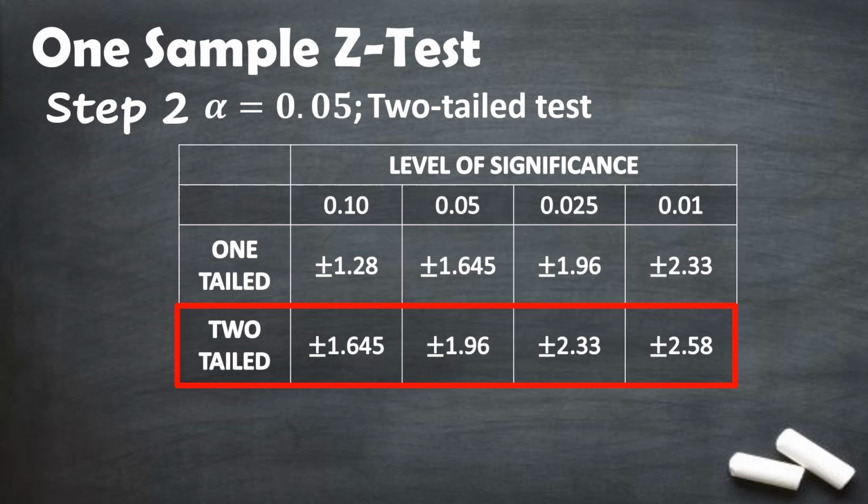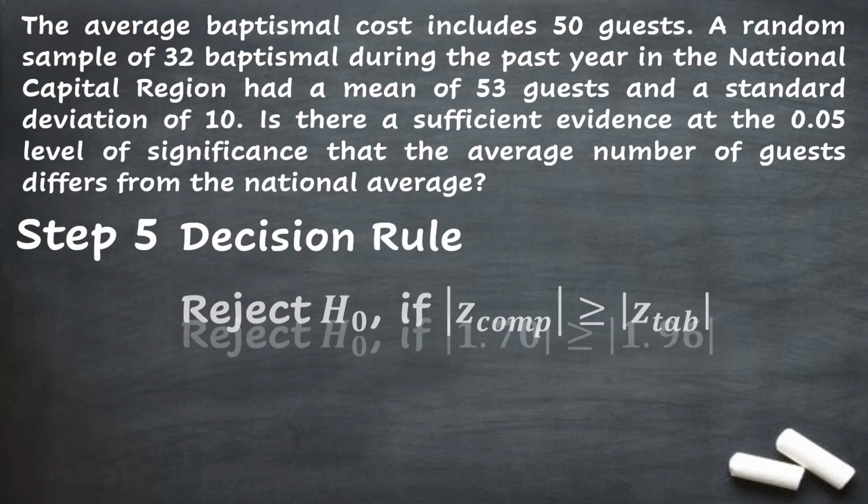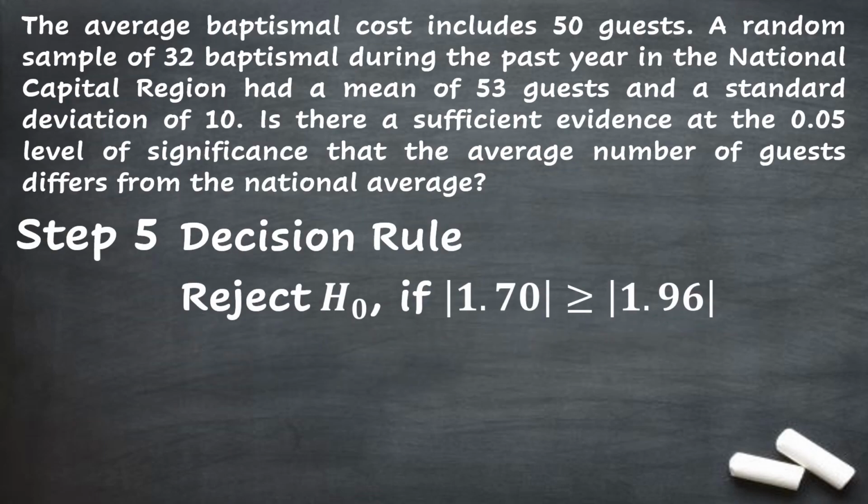Then, you have to draw a vertical line passing through the column of level of significance with 0.05. Getting the intersection of those two lines, the z tabular for this given word problem is 1.96. Having the value for the z computed and the z tabular, all we have to do is substitute the values in the decision rule. So we have the z computed as 1.70 and the z tabular as 1.96.